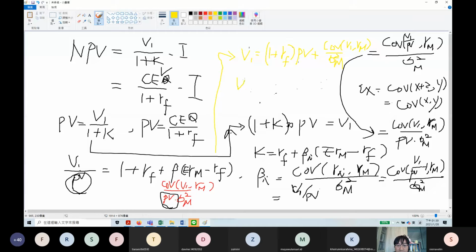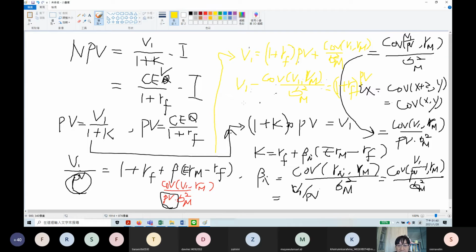So V1 minus the covariance of V1 and Rm divided by sigma m squared equals 1 plus Rf times PV, right?